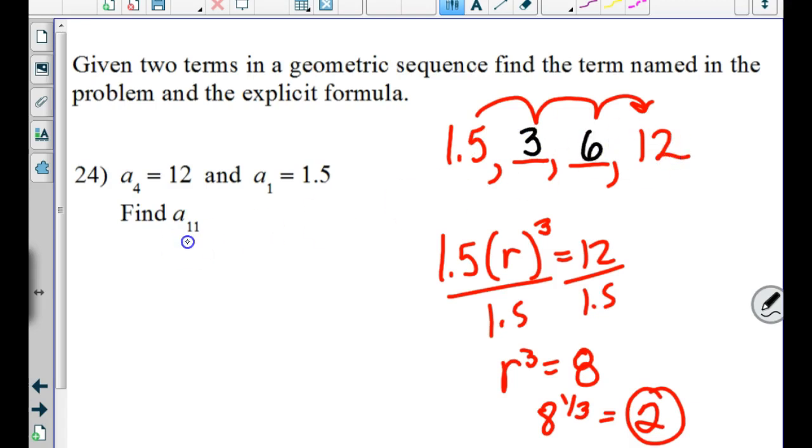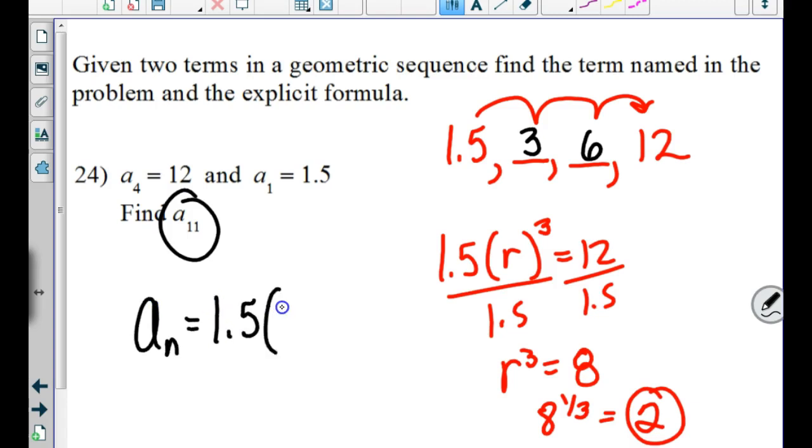But we want the 11th term. So the explicit formula would be a sub n equals 1.5 times 2 to the n minus 1, and we're going to put 11 minus 1 or 10 up there. 1.5 times 2 to the 10th. 1536, anybody?